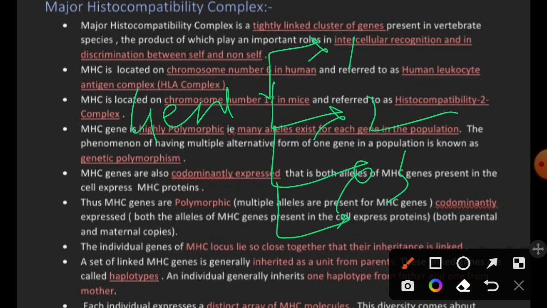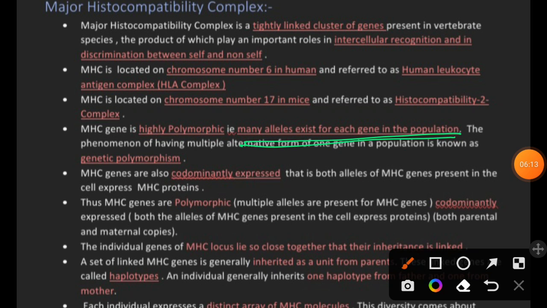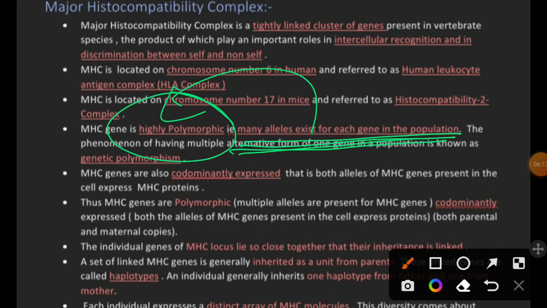This phenomenon, where each gene has multiple alleles present, is known as genetic polymorphism. The greater the number of alleles for a particular gene, the more polymorphic it is. For MHC genes there are multiple alleles present, which is why we say that MHC genes are highly polymorphic.